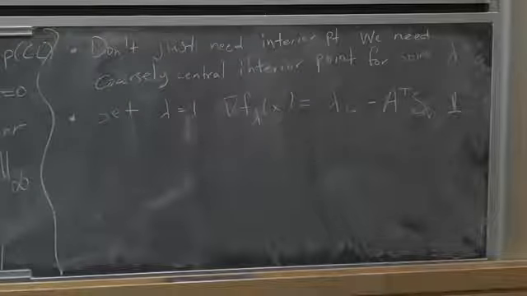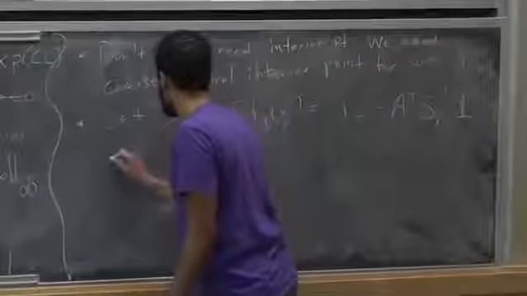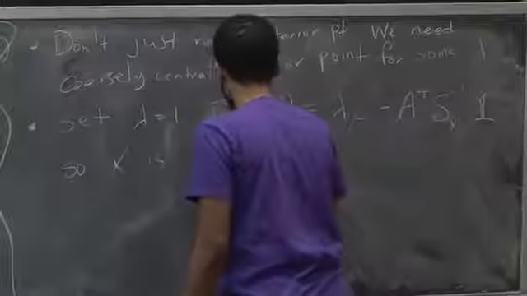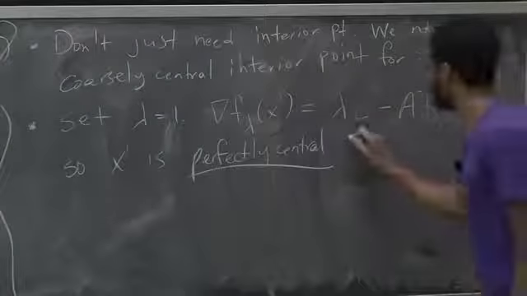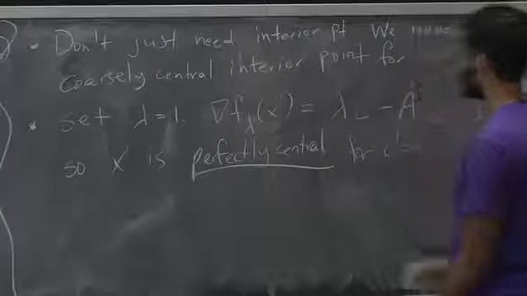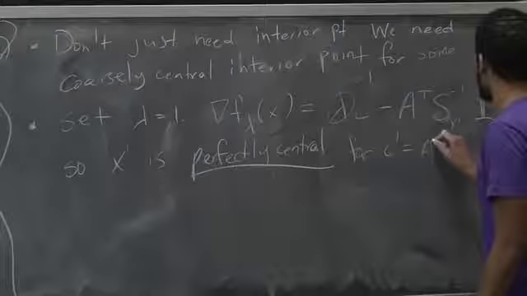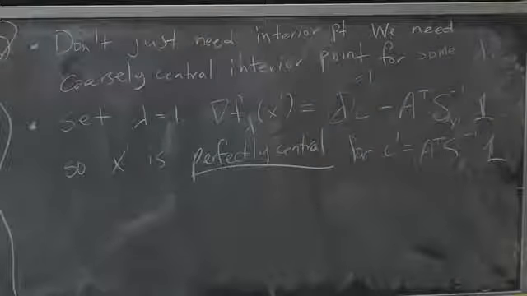So x prime is perfectly central for a different cost function. With lambda equal to 1, it's perfectly central for the cost function A transpose x prime inverse all ones. The gradient is 0 for this cost function. That's not our actual cost function, but the gradient is 0 for this one.